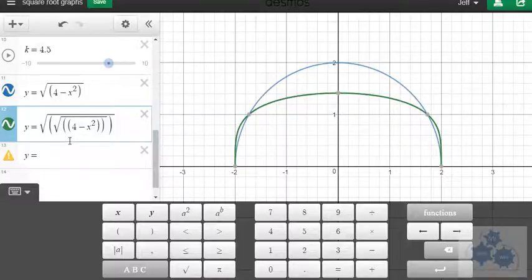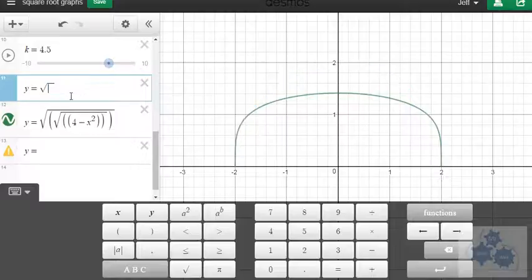We're getting really close now. So what about the square root of a square root? That is the power of 1/2 to the power of 1/2. How do you write the power of 1/2 to the power of 1/2? What is that? 1/4. Power of 1/4. Let's try it.